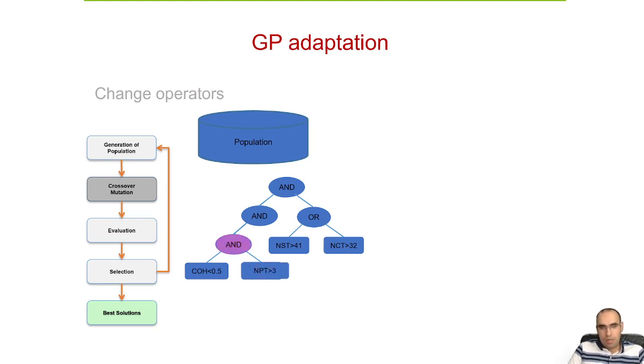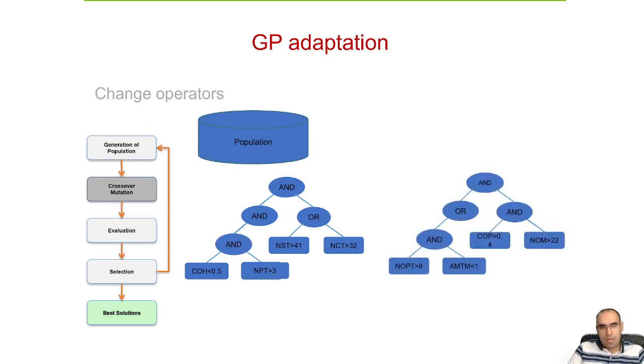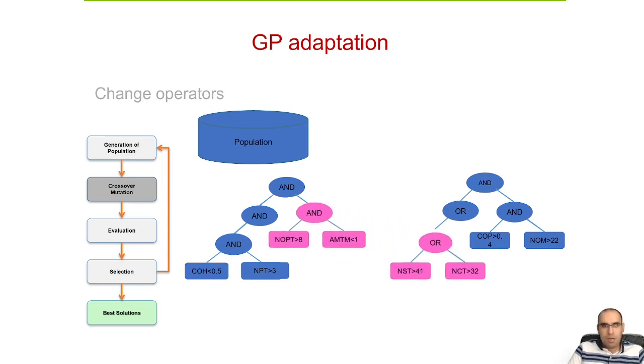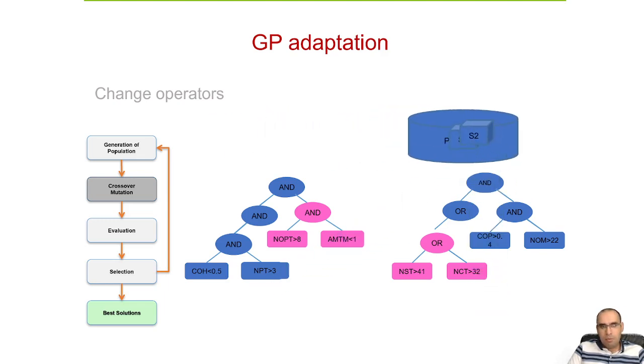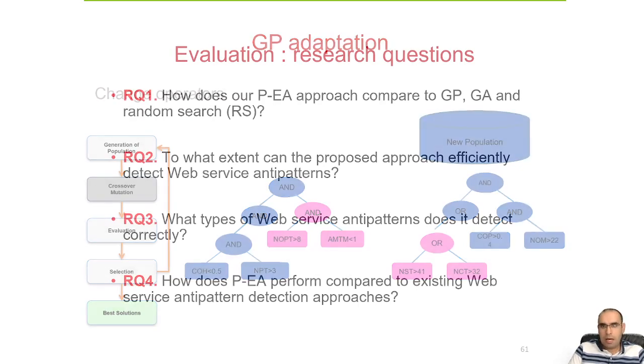As for the crossover, we select randomly two subtrees from two random solutions, and then we switch them to generate two offspring solutions. Both solutions will then be put into the next iteration of the genetic algorithm.